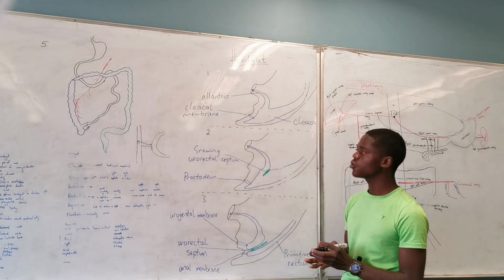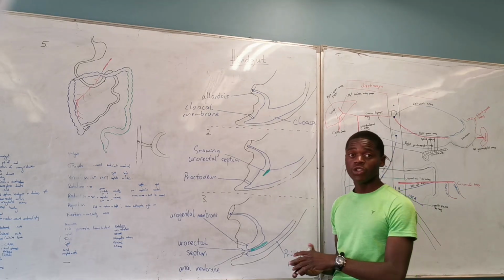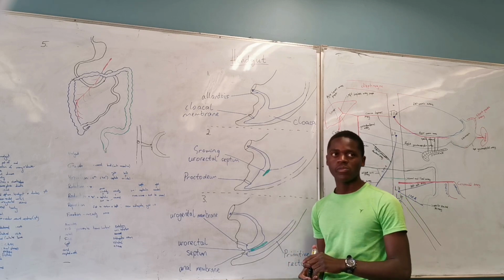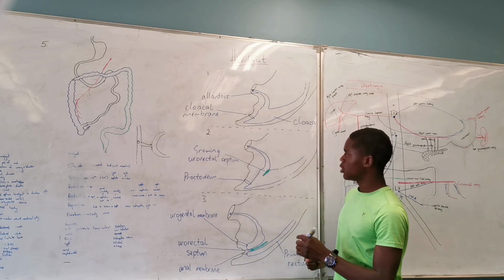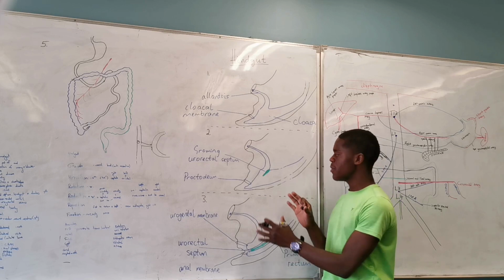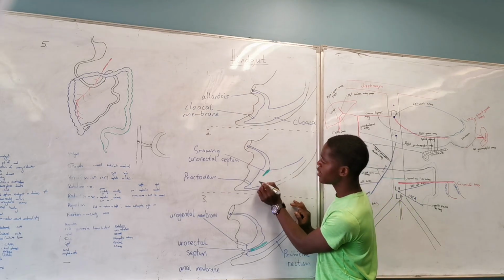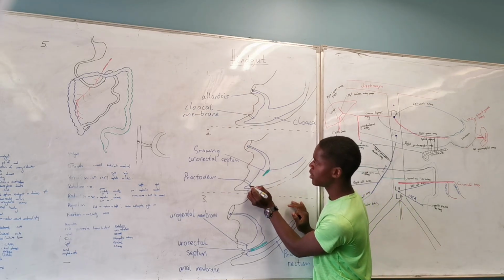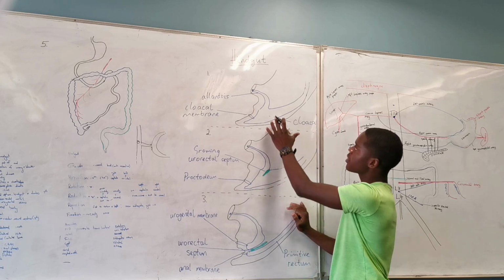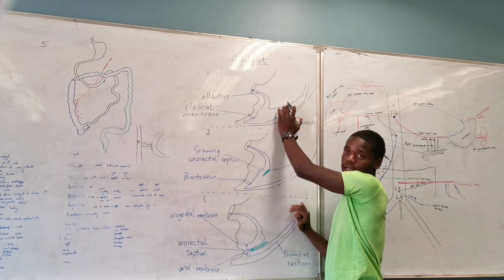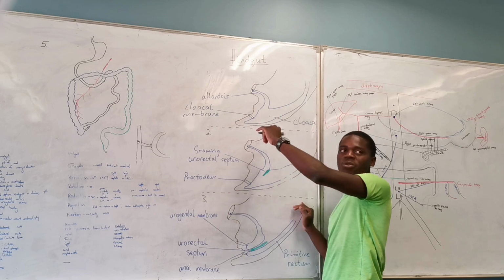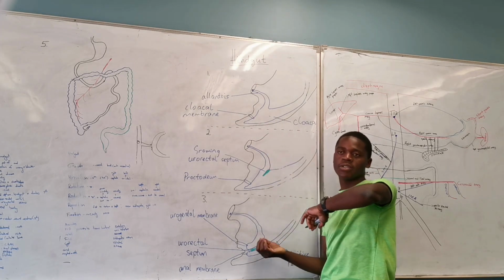So what happens during the 7th week of development is that mesenchyme proliferates and tries to separate this gut tube into two. We call it the urorectal septum.